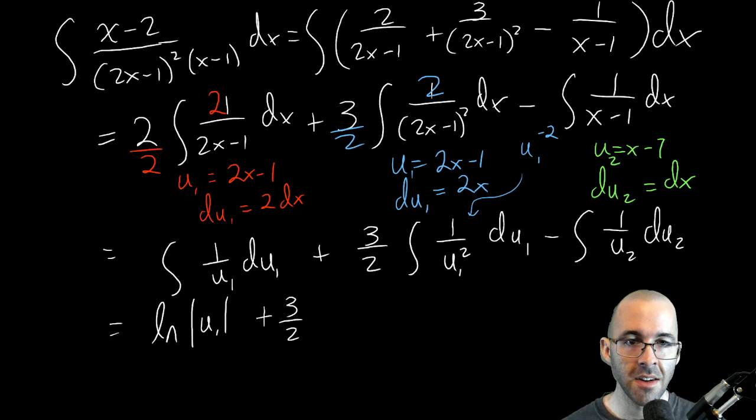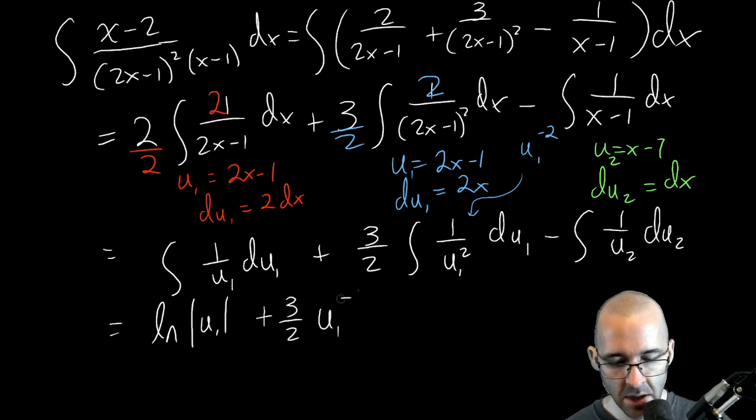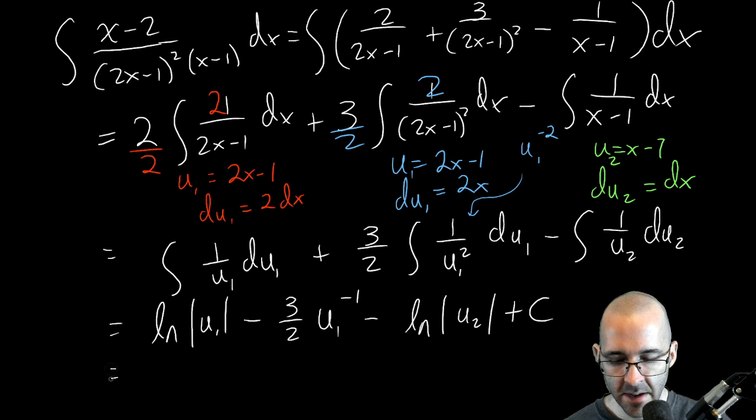That's only if the power is 1 in the denominator. So this is the power rule. We add an exponent and divide by that new exponent. Oh, so this turns negative. And then minus the last guy, the natural log of the absolute value of u2, plus c.